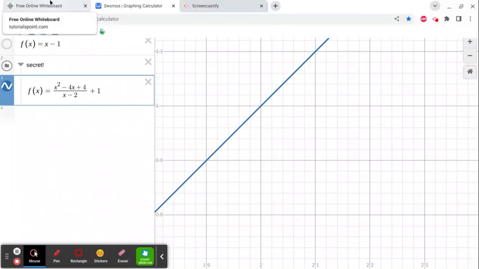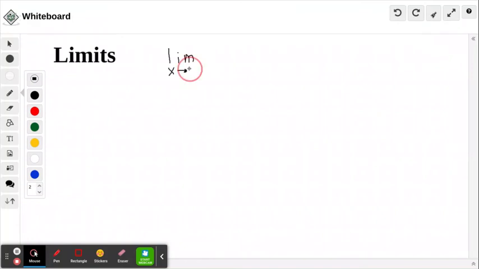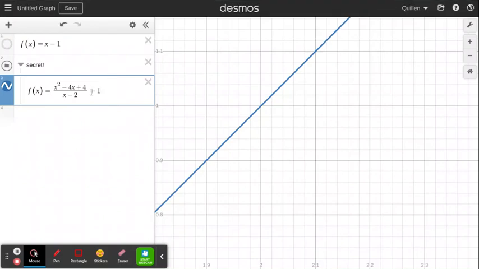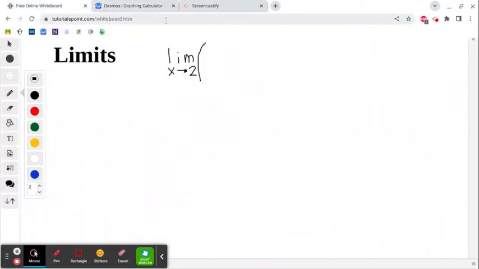So we need the limit to figure out what it should be. So as x approaches 2 of, and you can do this with or without brackets if it's one term, but since we have more than one term, we have this plus 1 out here. We do need to use brackets, and it's almost always going to be regular standard parenthesis brackets.